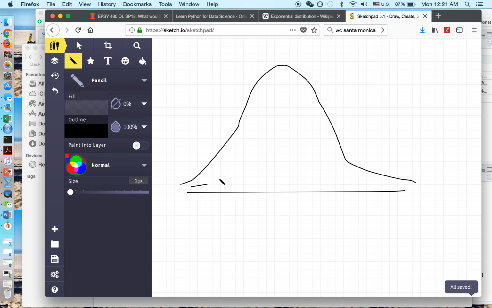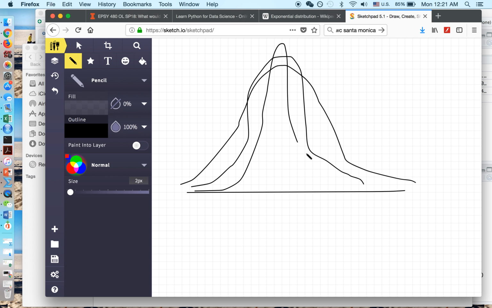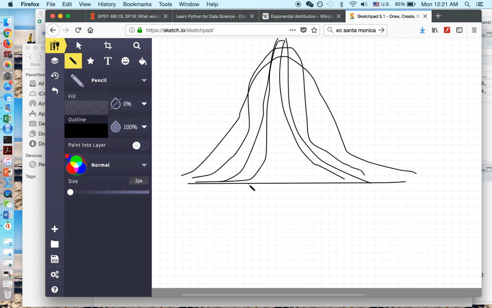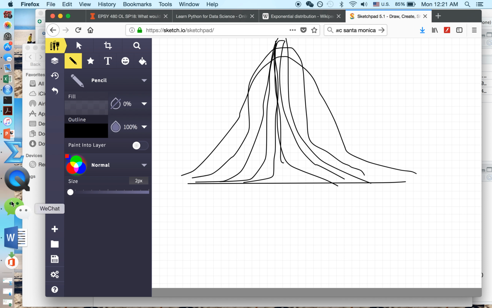And when your sample size is 10, it's going to be a skinnier distribution, because your standard deviation is getting smaller and smaller, right? And this is when you're using a sample size of 30, let's say, or 50, and your distribution is going to be skinnier and skinnier, until it gets to the point that your distribution is so skinny that it's pretty much just a straight line. That's what's happening here, right? Because your standard error is essentially 0.